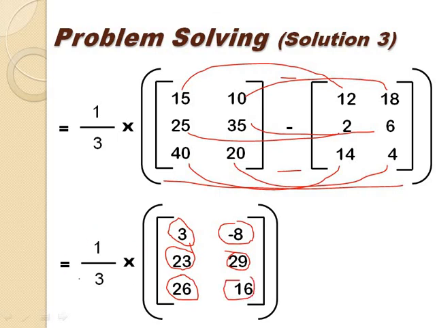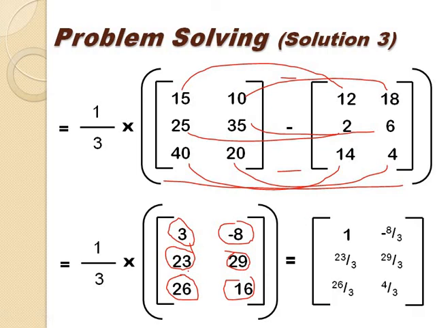Now again a scalar is there in multiplication. So if we multiply this one, what will we get? 1 by 3 multiplied by 3 is 1. Minus 8 by 3, 23 by 3. So each and every element is again divided by 3, as we are multiplying by 1 by 3.